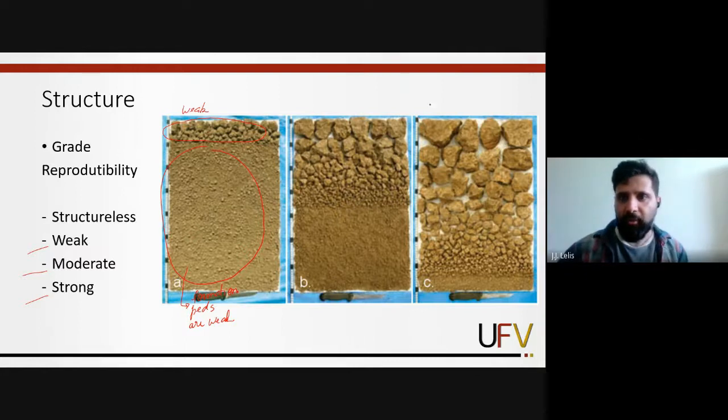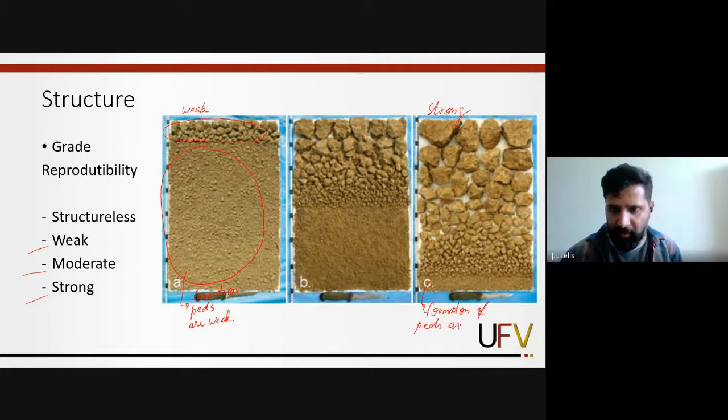We have a strong grade if you have a huge volume of pads and a little volume of material without aggregation. So just a small volume of soil is not clustering in pads. So the formation of pads is strong, is developed, okay?